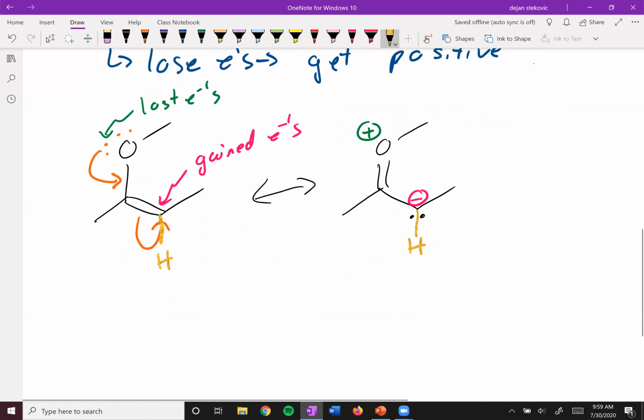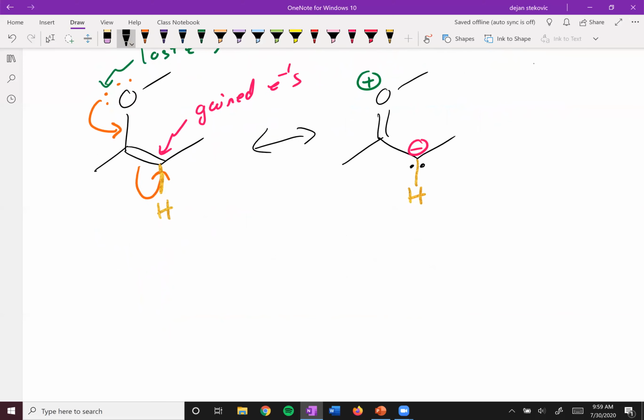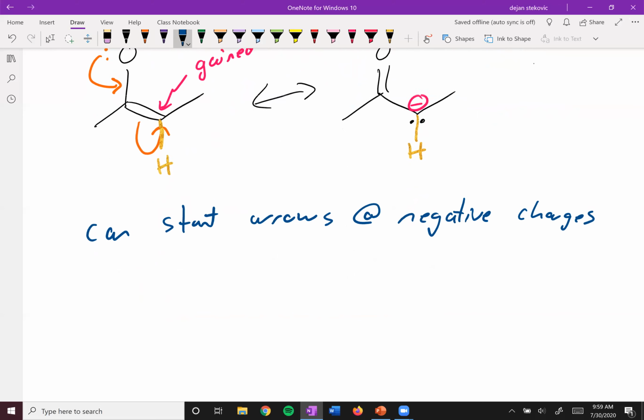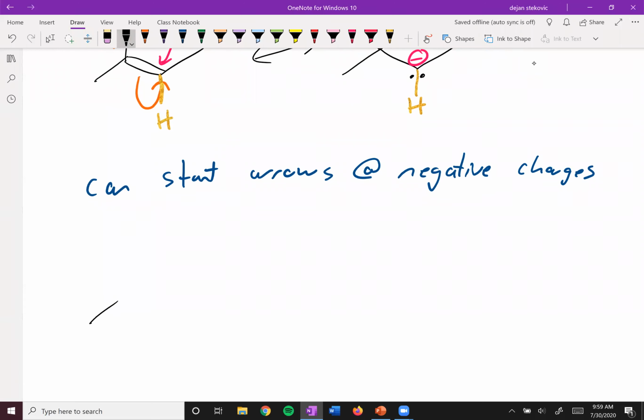We can take a little shortcut too. We don't even have to draw these lone pairs in some instances. We can start our arrows at negative charges. So for example, if you have something like this, you could draw a resonance structure like this, right? Move those electrons there.